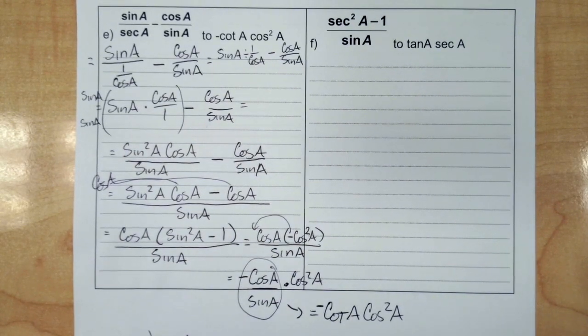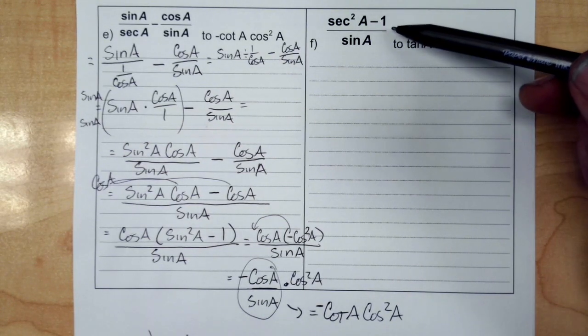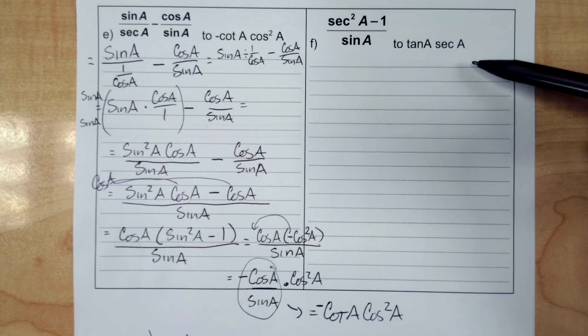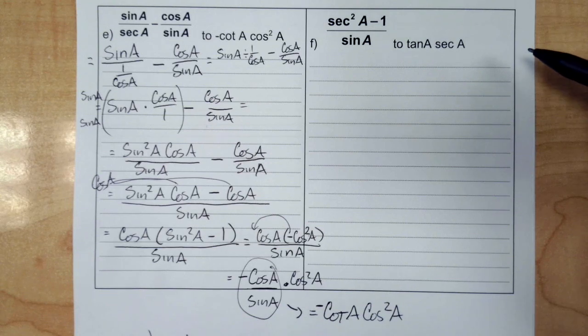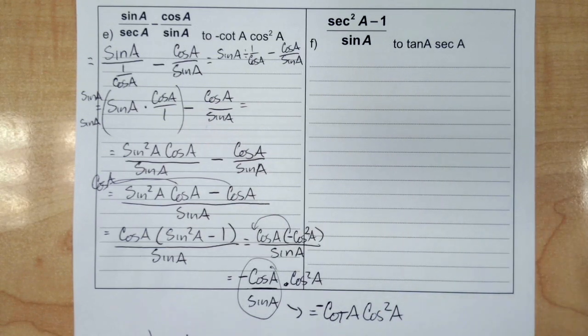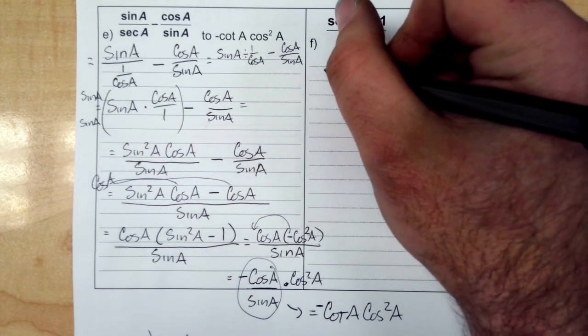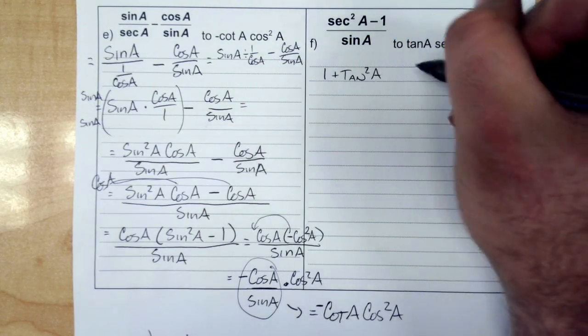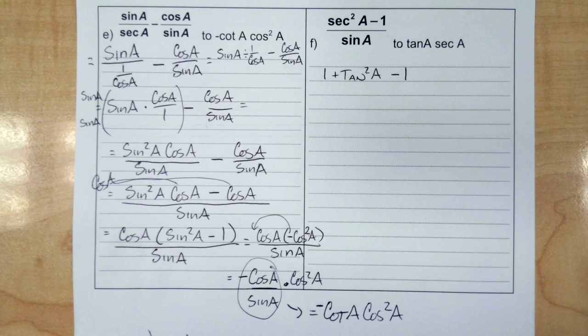Example F, a little bit more similar ideas here. We need to take secant squared of an angle minus 1 over the sine squared of our angle, and we need to change it into the tangent times the secant. Well, if I want to use a tangent idea, well, secant squared minus 1 isn't really a rule, and we're not going to create a new rule, but secant squared by itself is already 1 plus the tangent squared of our angle, and the minus 1 is still hanging out.